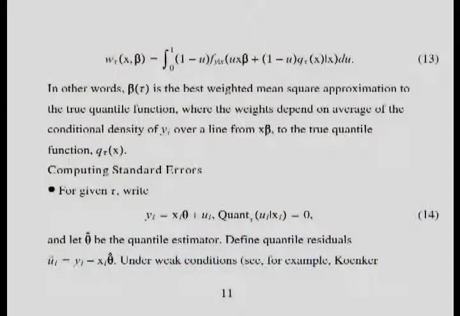But the weight function looks like this. And what it's really doing, so this is the density of y given x, and it's being evaluated at some point on the line between the linear approximation and the actual quantile. And then there's this weight out front, and this is being averaged over all possible values of u, where you're giving more weight to points that are closer to the true quantile function.